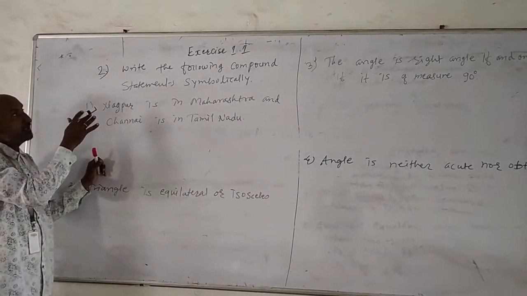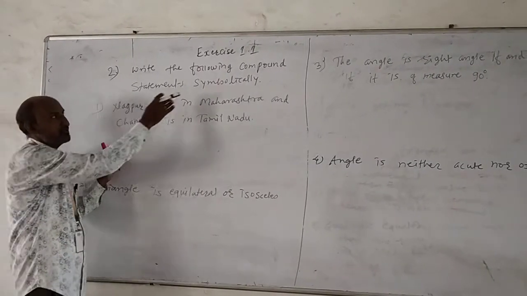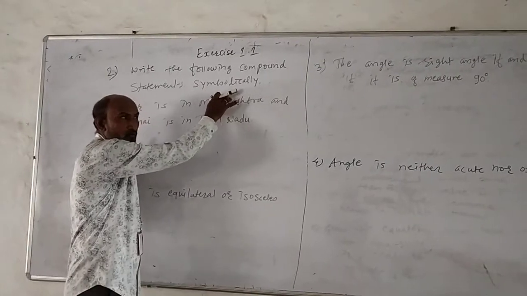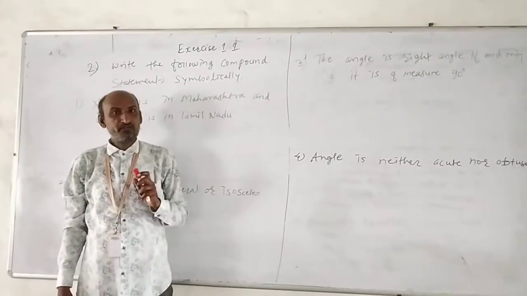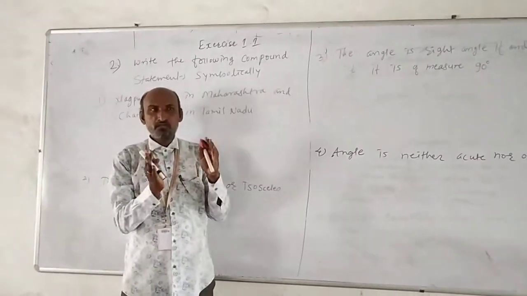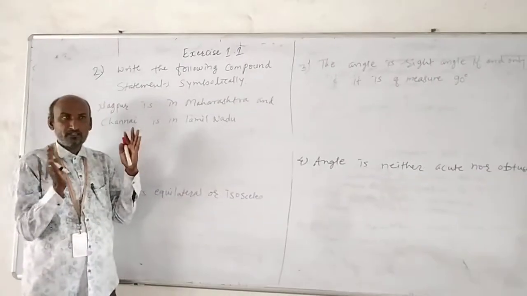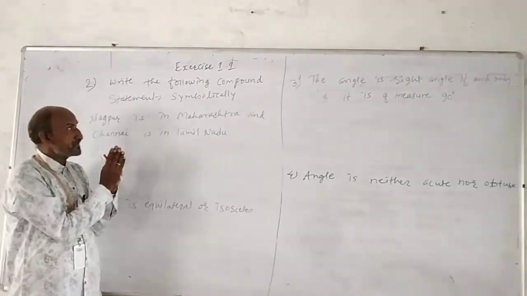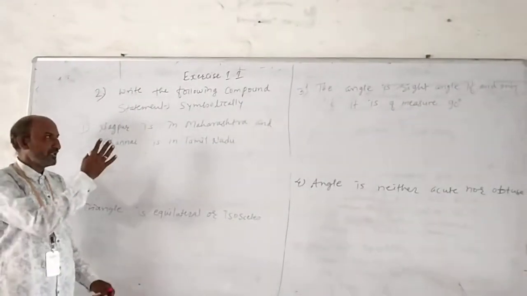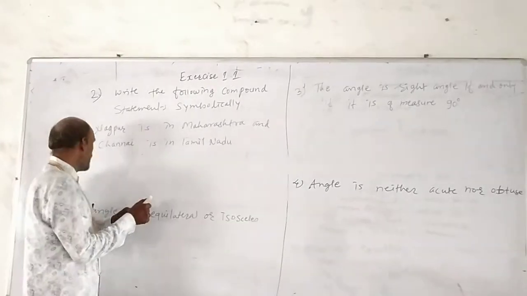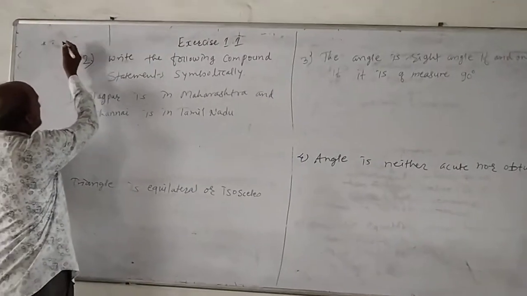Write the following compound statements in symbolic form. What is meant by compound statements? Try to understand. Two simple statements are connected using logical connectives. You know the logical connectives. What are the logical connectives?